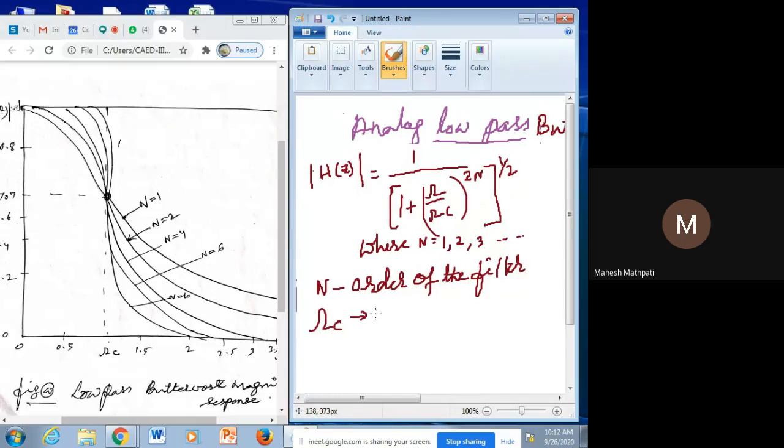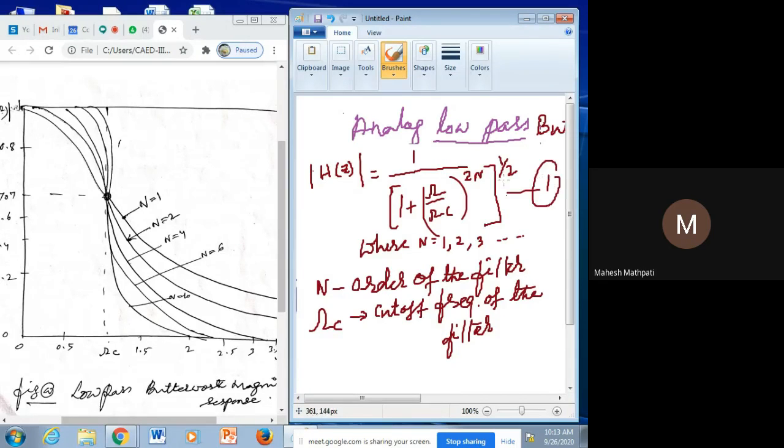Anybody? Omega c is the cutoff frequency of the filter. Okay. Are you getting my point? Let us call this equation 1 here.